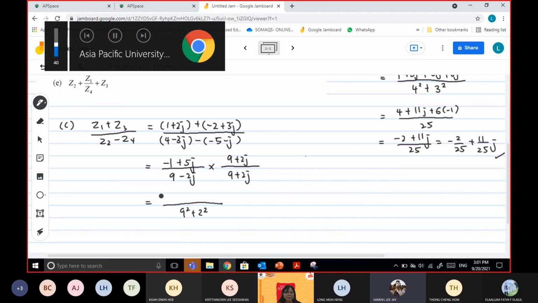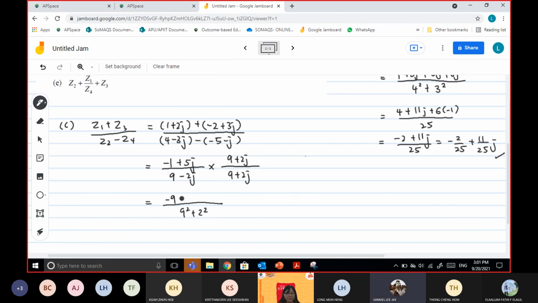Negative 9, plus 45j, minus 2j, plus 10j squared. Okay, thank you. So minus 9 first, minus 2, yes, correct.